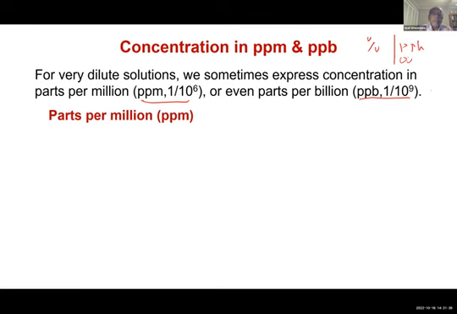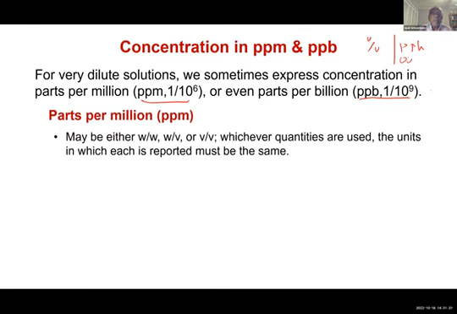So parts per million is taken like the previously discussed percentage: the ratio multiplied by 100 gives the percentage, and W/W multiplied by 10 to the 6 gives the ppm.